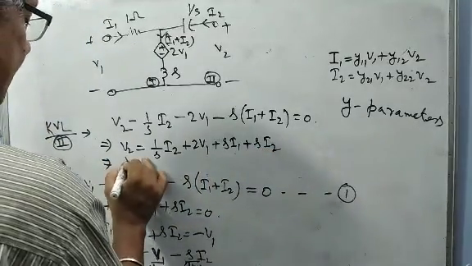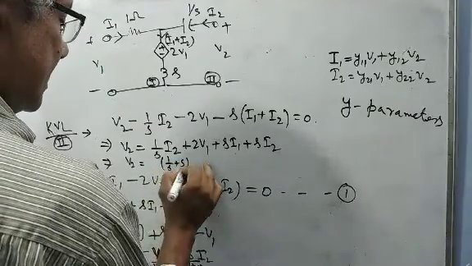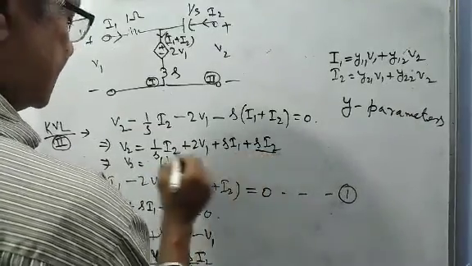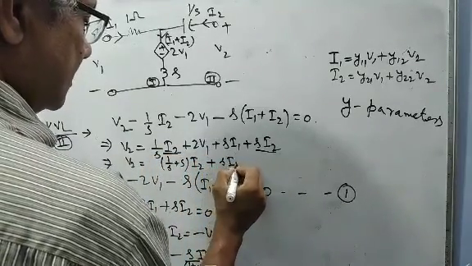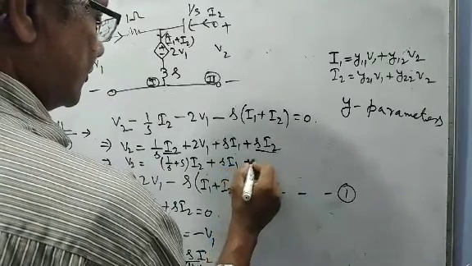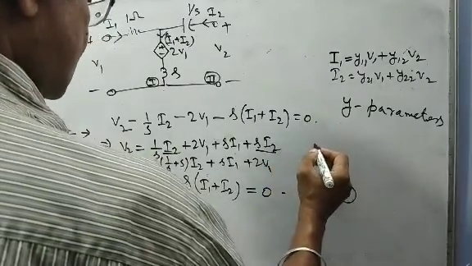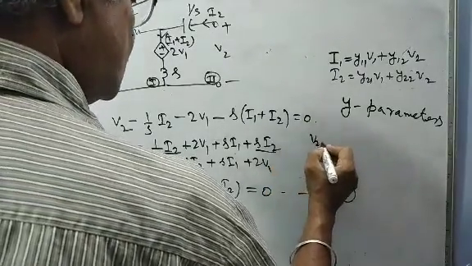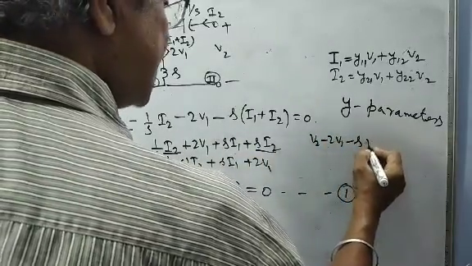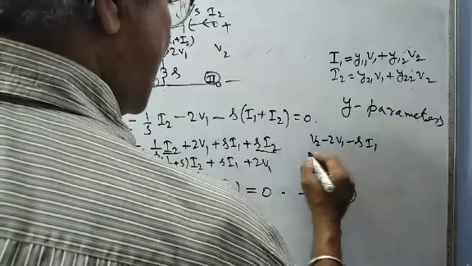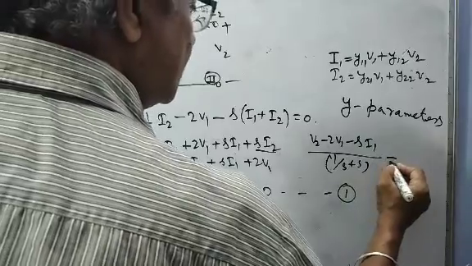So you can write, V2 equals 1 by S plus S times I2, plus SI1 plus 2V1. So what is your I2 from here? So I2 becomes V2 minus 2V1 minus SI1, by 1 by S plus S, is equal to I2.